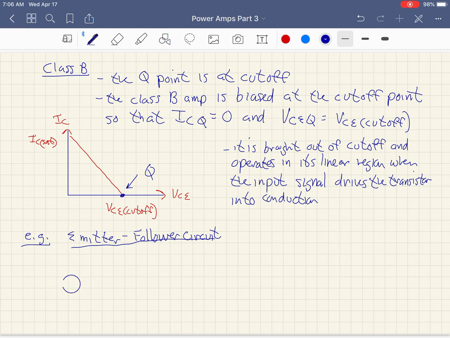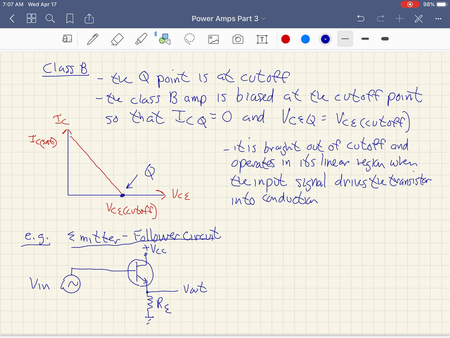That's an AC input. We've got our transistor. We've got our emitter resistor. We're not sticking any caps in for now. This is VCC, plus VCC. So transistor. Okay, and we're taking our output at the emitter.